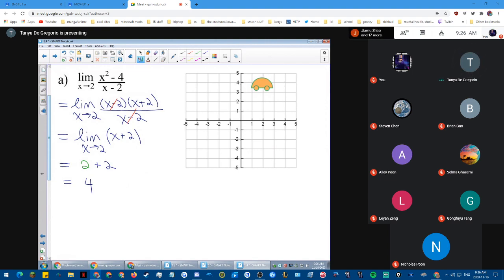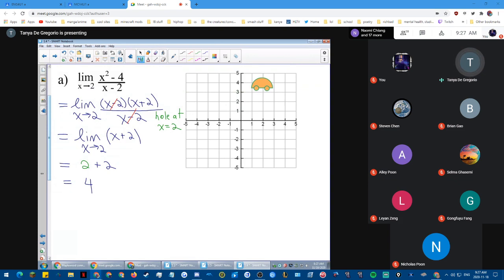Now, from what you guys know, when you cancel out x minus 2, what does that mean if I wanted to draw out this function? Yeah, there's a hole. So the fact that we canceled out this x minus 2 tells us that there is a hole at x equals 2. So if I wanted to graph this function now, I have to graph x plus 2.